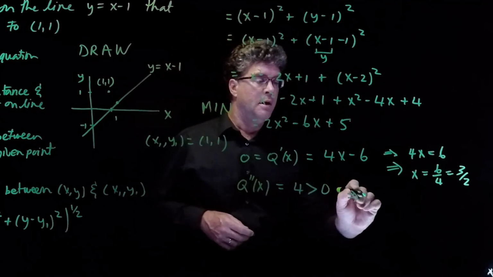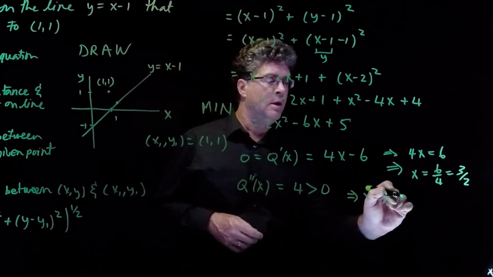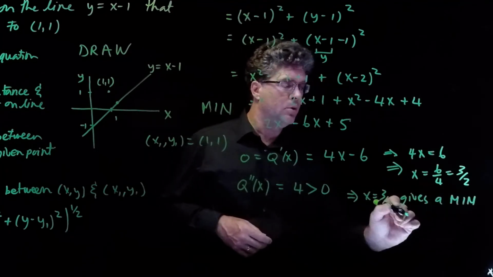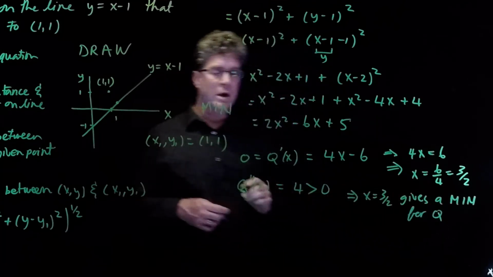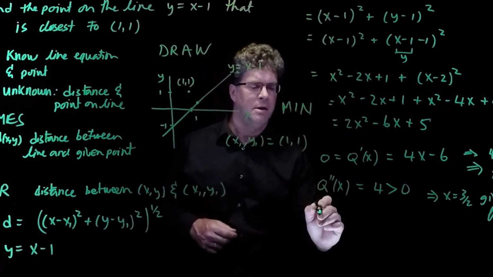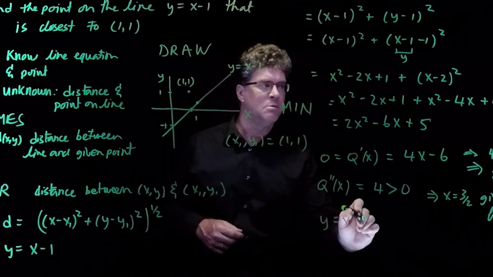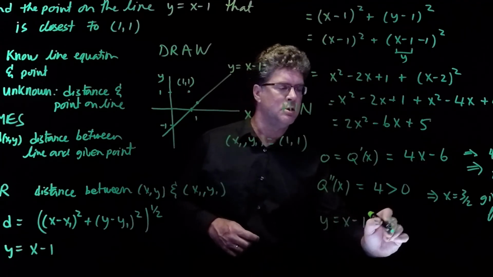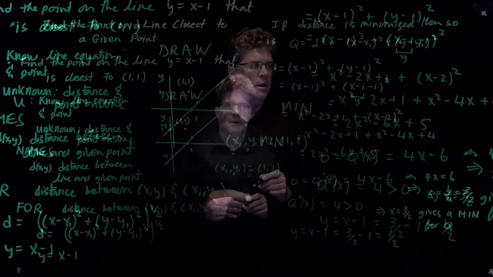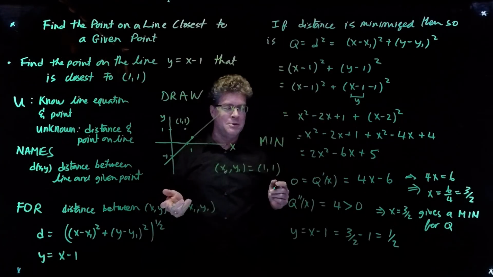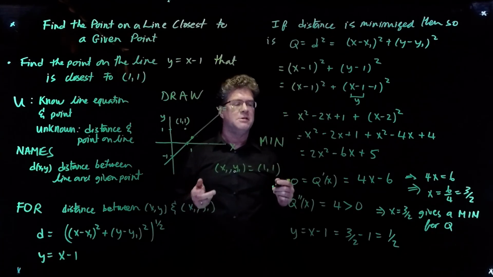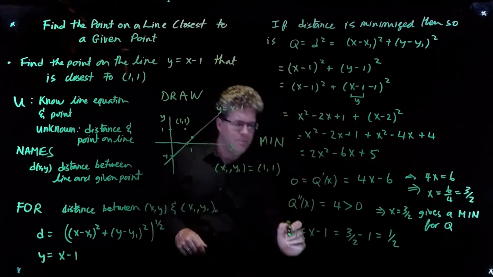So x is equal to 3 over 2 gives a minimum for q. We can also work out the y value from the formula y is equal to x minus 1, so y is 3 over 2 minus 1, which is 1/2. So x is 3 over 2, y is 1/2, is the point on the line which is closest to the given point (1, 1).